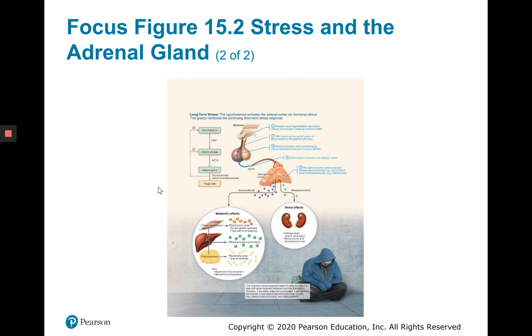Those renal effects are really from the mineralocorticoids like aldosterone, whereas the glucocorticoids are going to have more kind of metabolic effects where we mobilize proteins, we mobilize glucose, we mobilize fatty acids. And the mobilization of, again, proteins is via the mobilization of amino acids or breakdown of proteins.